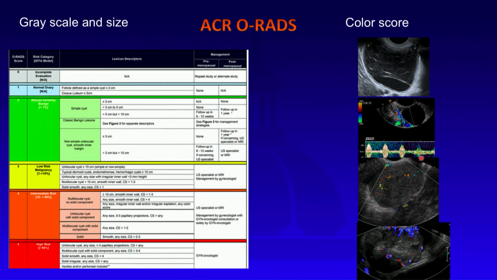So what O-RADS does is it goes through 6 categories, from 0 to 5. 0 is when you can't see the ovaries, and then there is increasing risk of malignancy, of course.